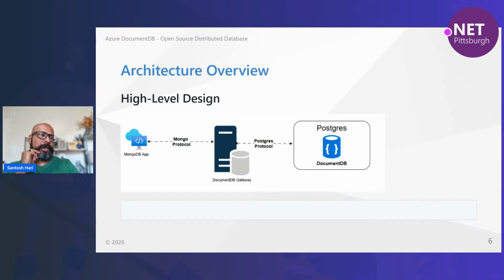If you rip it apart and look, it's basically using Postgres underneath. There's not much magic over there. The gateway acts like a translation layer between the Mongo clients and the Postgres backend. It interprets the wire protocol, and then it maps the command to the proper Postgres operation.